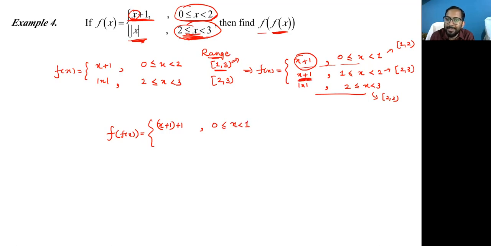Now we can write this x plus 1 in place of x in this part, so we can write mod x plus 1 for x belongs to 1 to 2, and then this mod x in place of x in this part, mod x. Then we can write directly mod x for x belongs to 2 to 3. This is our required answer.